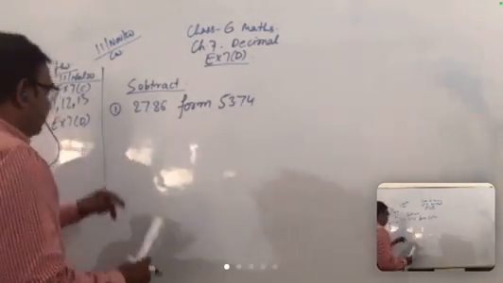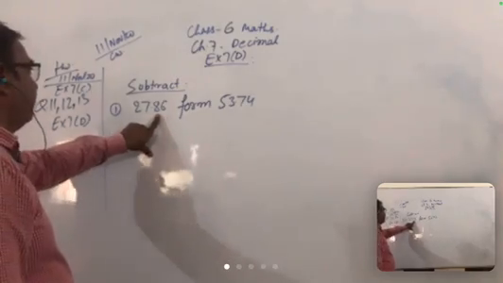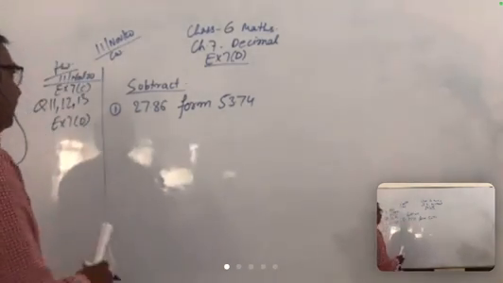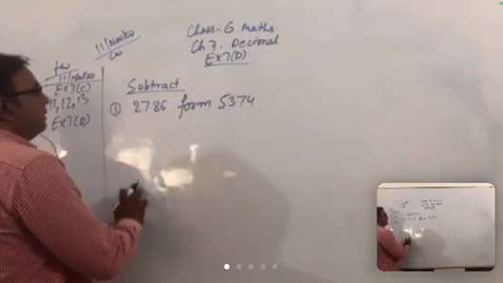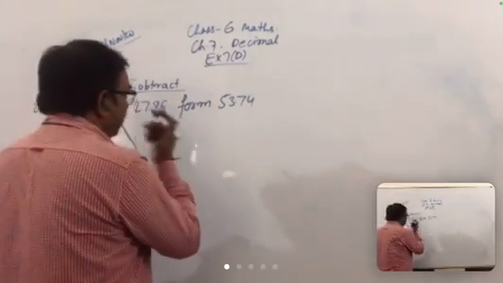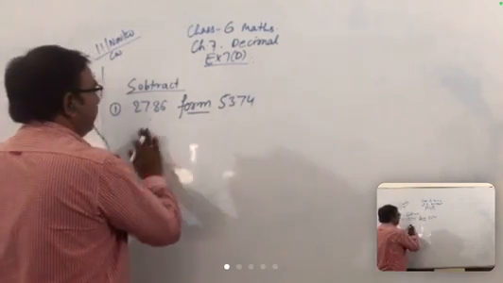Now, the question is: subtract 27.86 from 53.74. We can use the column method to subtract this. The meaning of "from" is that you have to write the second number first.